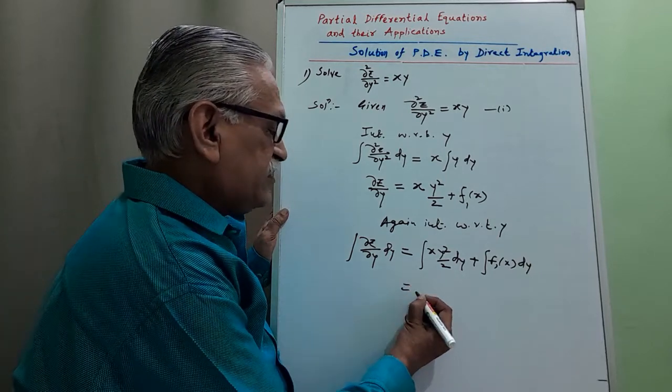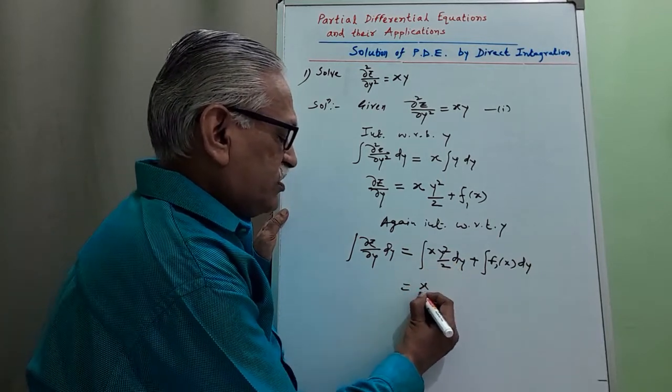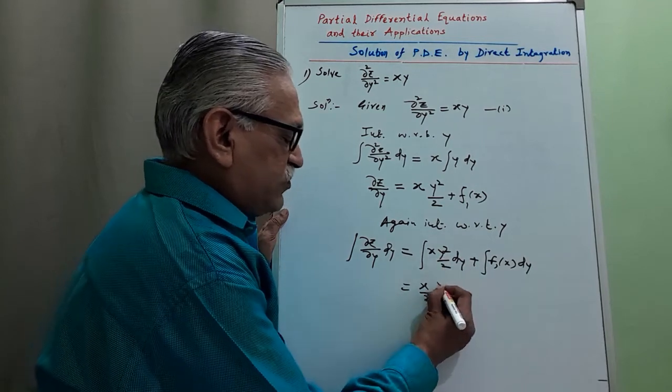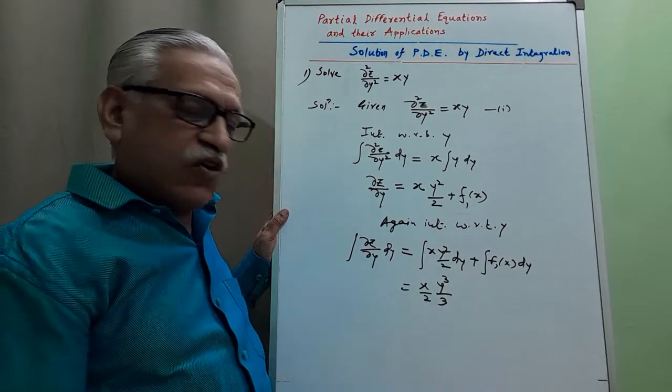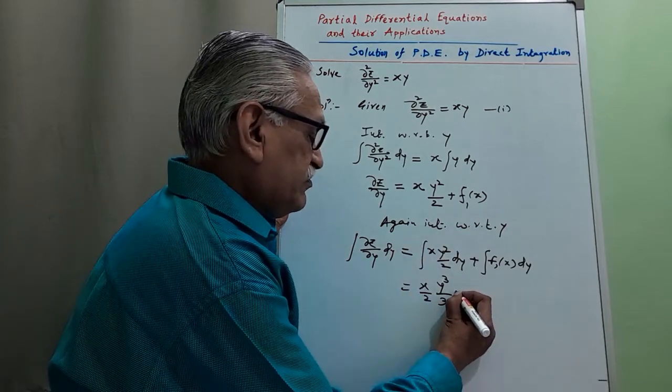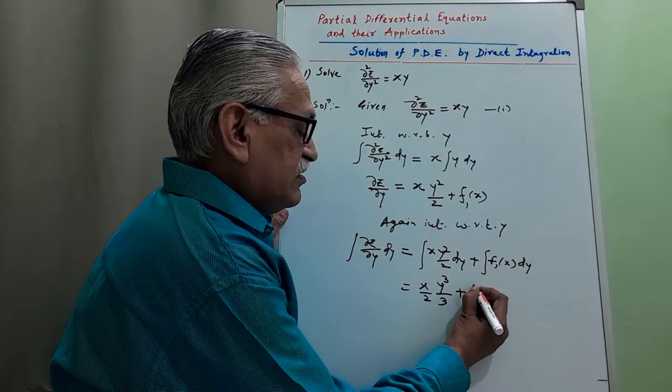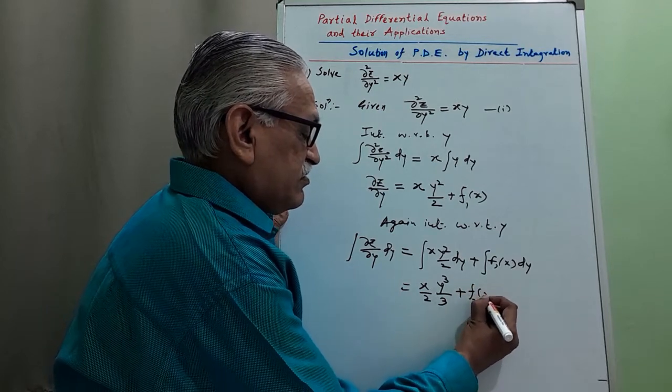Therefore we get x/2 as constant term outside, integration of y² is y³/3, plus constant of integration as f2(x).